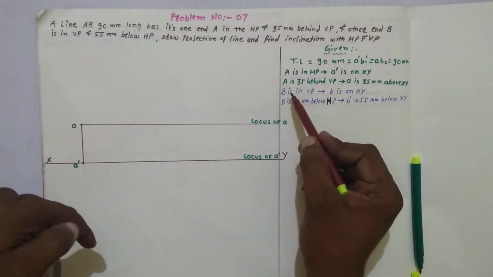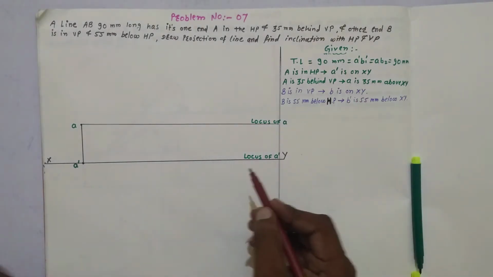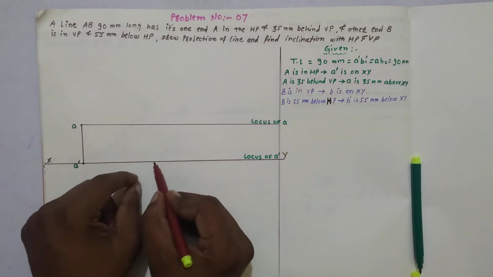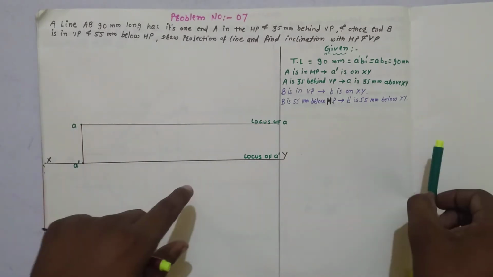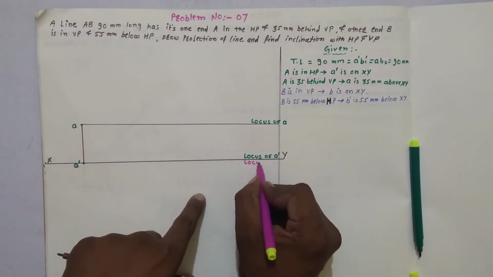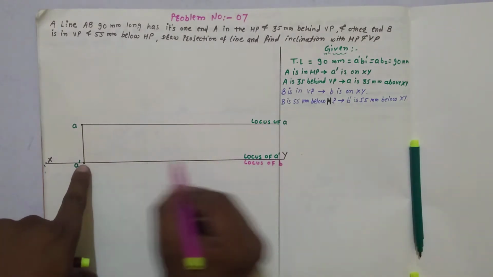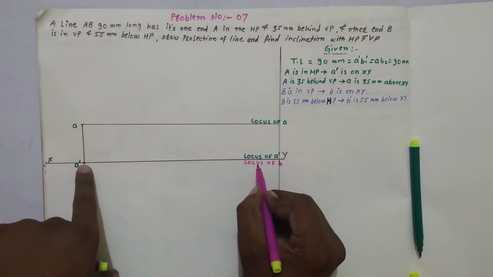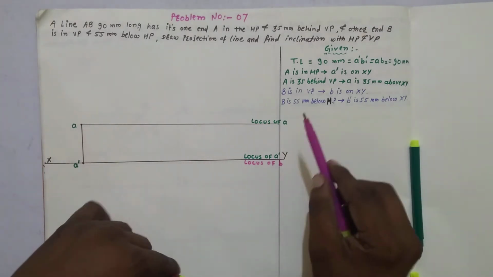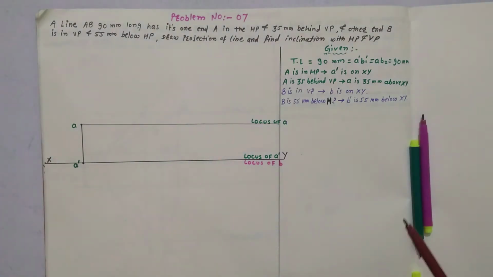Now moving to point B. Point B is on the XY line, but we don't know exactly where it is located, so the exact location is not given. This line is where the locus of point B will be created. The point will be on this line, and this line is called the locus of B. Now the point B dash is 55 mm below the XY line.